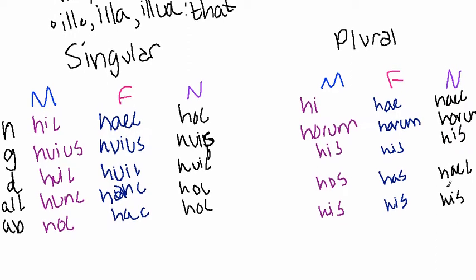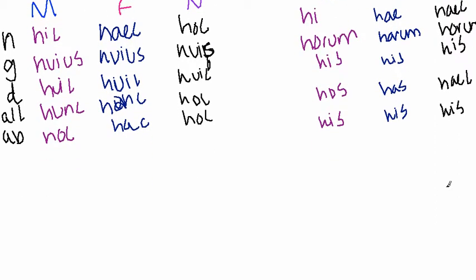Okay, so now let's move on to ille, illa, illud. And I'm going to go ahead and make the same sort of chart right now. We've got our singular and our plural, and our nominative, genitive, dative, accusative, and ablative. And now we're going to put in the masculine, the feminine, and finally our neuter.